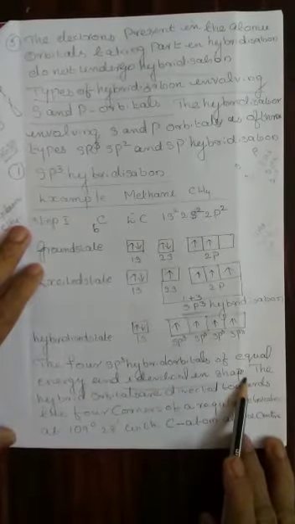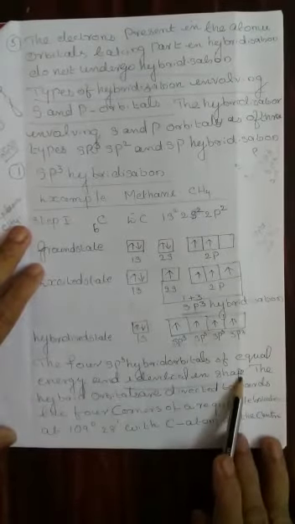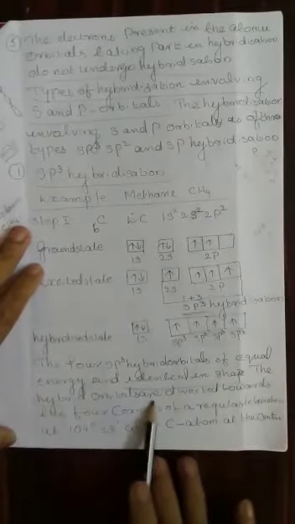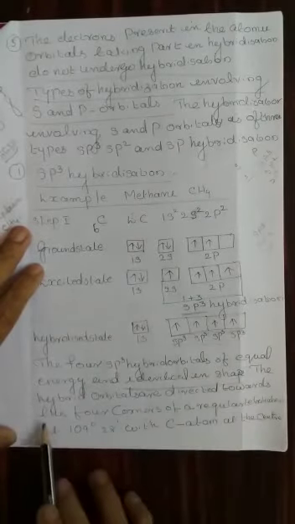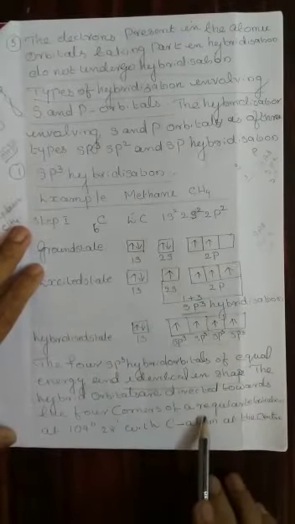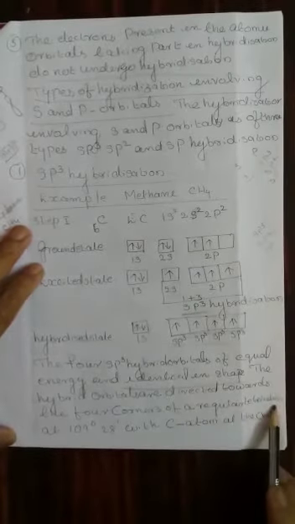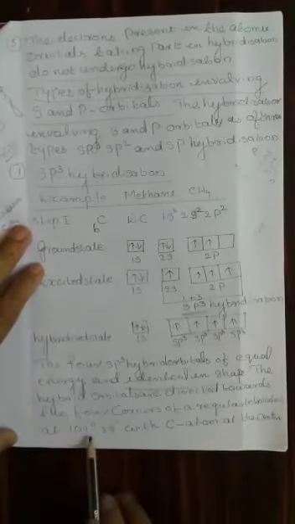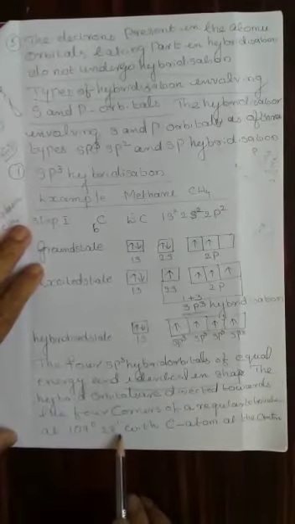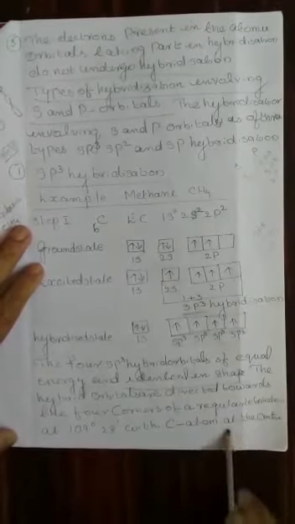The hybrid orbitals are directed towards the 4 corners of a regular tetrahedron at an angle of 109 degrees 28 minutes with the carbon atom at the center. That is the diagram shown here.